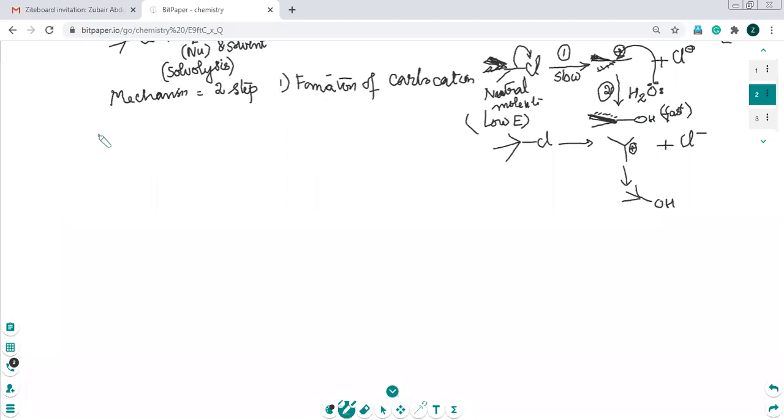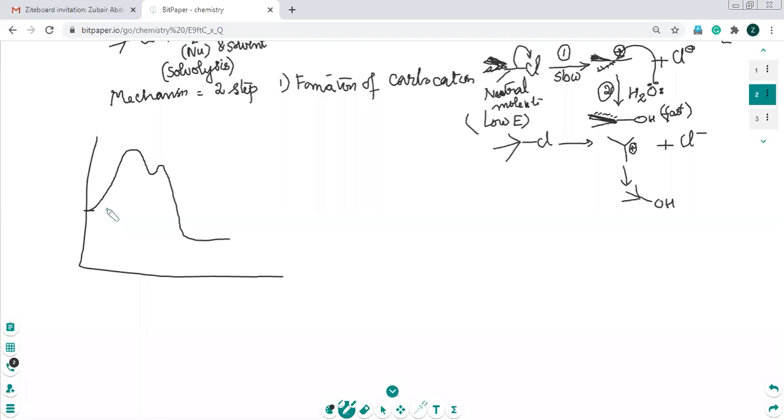So if you draw an energy profile diagram of this, see here is your starting material. It goes up, it comes to an intermediate, and then it goes far down. This is the case with an exothermic reaction.